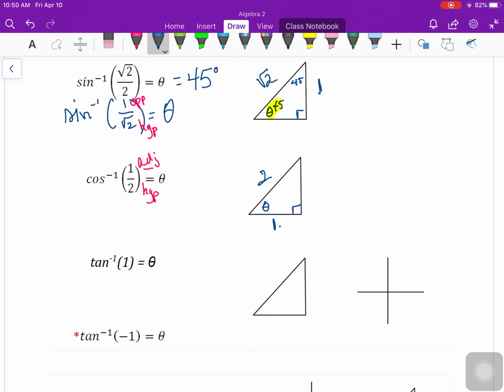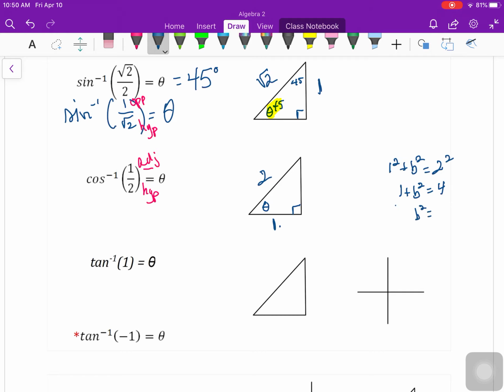When I have ratios of 1 and 2, I know that this missing side, 1 squared plus b squared equals 2 squared. That's 1 plus b squared equals 4.